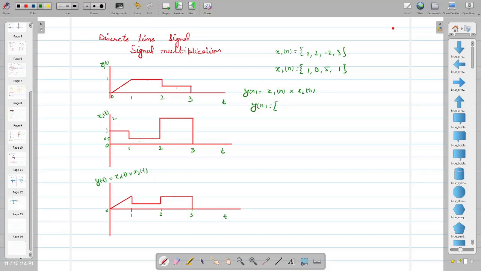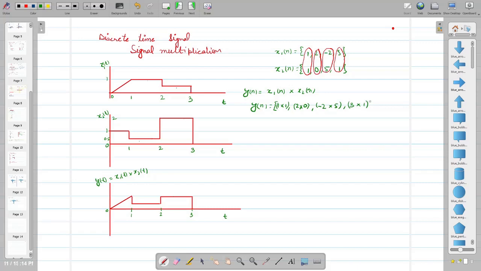We have to operate each and every point simultaneously. So these 2 points will be operated simultaneously, these 2 points will be operated simultaneously, and these 2 points will be operated simultaneously, and these 2 points will be operated simultaneously. So we just have to write it down: 1 into 1, 2 into 0, minus 2 into 5, and 3 into 1.